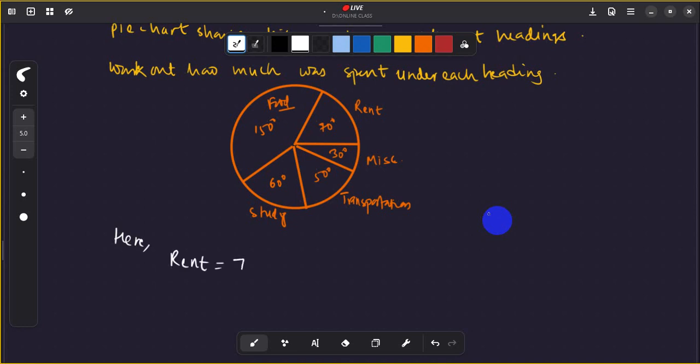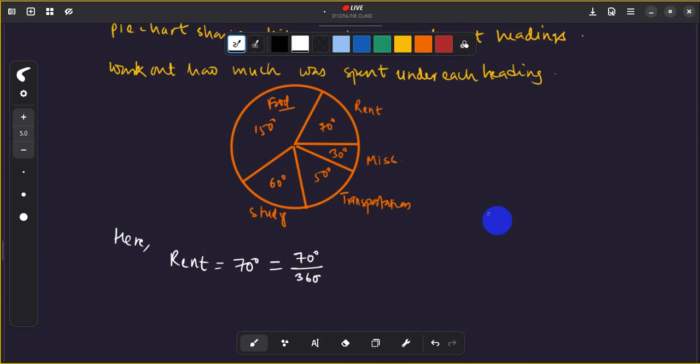Now let's start from rent. Rent is equal to 70 degrees. Now we need to convert this into amount. So 70 degrees is equal to 70 over 360. Out of 360 degrees, it is 70 degrees. If the values are given in angle, then we need to divide by 360.